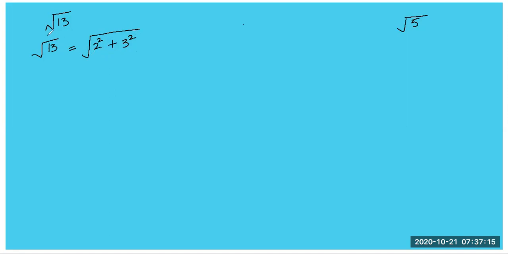Okay, now I want to draw square root of 13 on paper with my pencil and my compass. If I remember the Pythagoras theorem, what does the Pythagorean theorem say? It says if ABC is a right angle triangle, BC is the base.